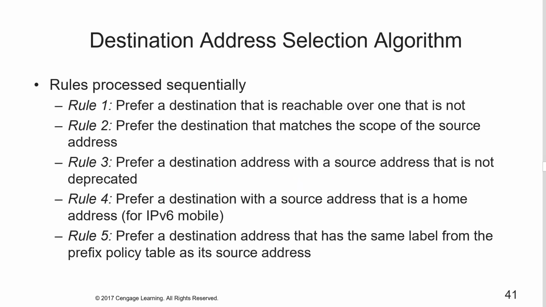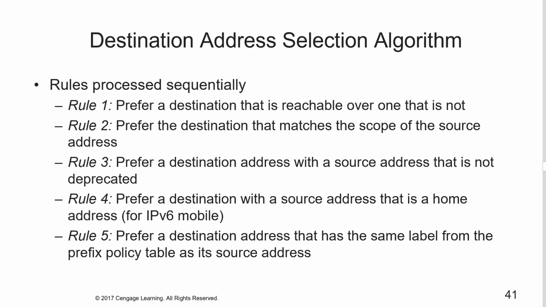Next, we're going to talk about the destination address selection algorithm. Again, just like with source, these rules are processed sequentially. Rule 1, prefer a destination that is reachable over one that's not. Second, prefer the destination that matches the scope of the source address. The third rule, prefer a destination address with a source address that is not deprecated.